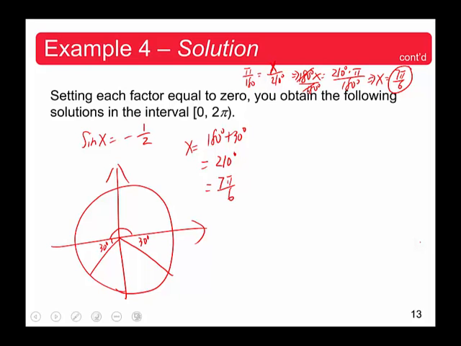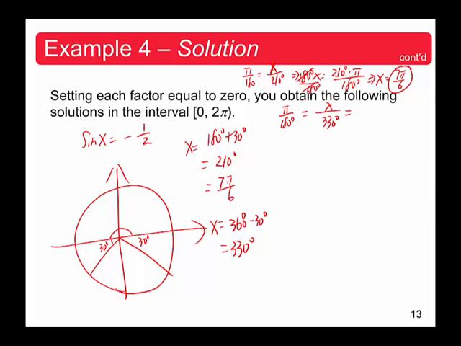Second solution is in the fourth quadrant, so x equals total 360 here. That's one cycle. Reference angle 30 degrees, so 360 minus 30 degrees, 330 degrees. And similarly, using the proportion to convert it, so pi over 180 degrees equals x over 330 degrees.